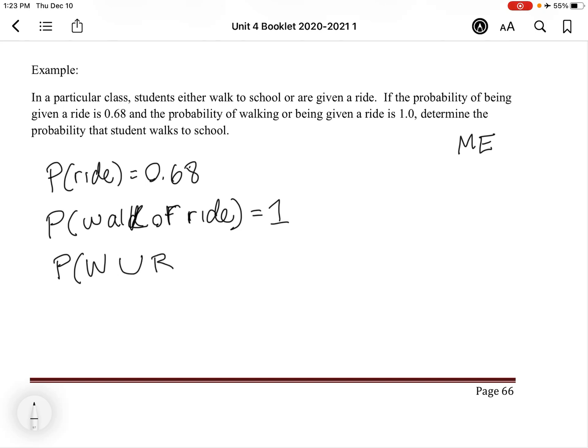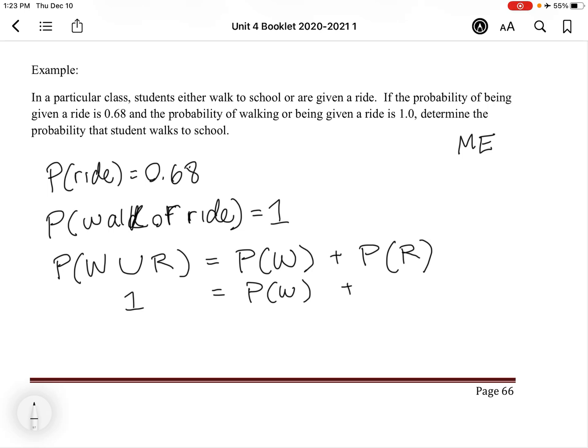P walk or ride is equal to P walk plus P ride. That's where that formula that we just went over comes in. So if we fill in what we know, the P walk or ride is 1. That equals the probability of walking, which we don't know, plus the probability of being given a ride, which is 0.68.